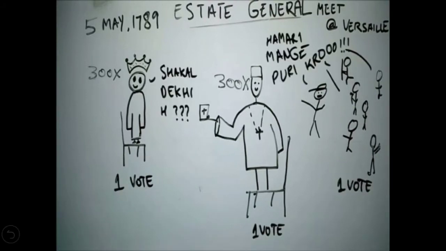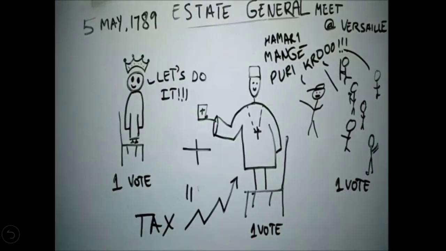And then the Estates General, on 5th May 1789, had the policy of each estate one vote. But what was the demand of the third estate? They demanded one vote for all members of the assembly. And this raised the anger.